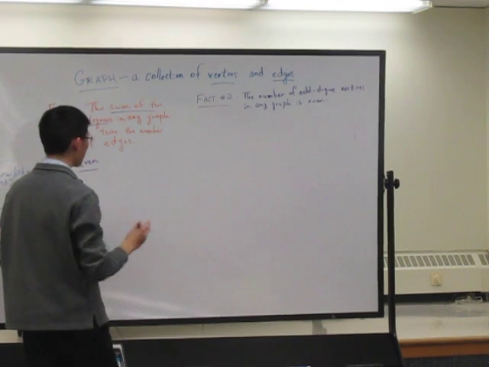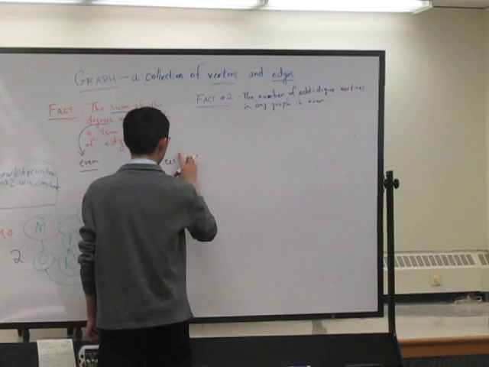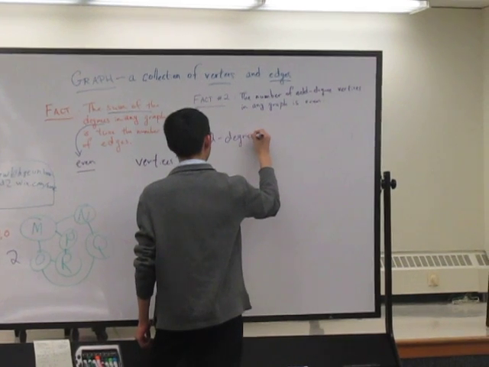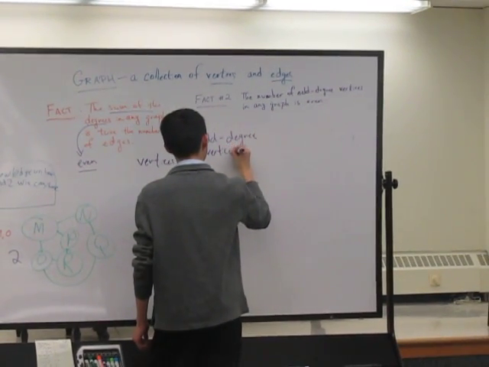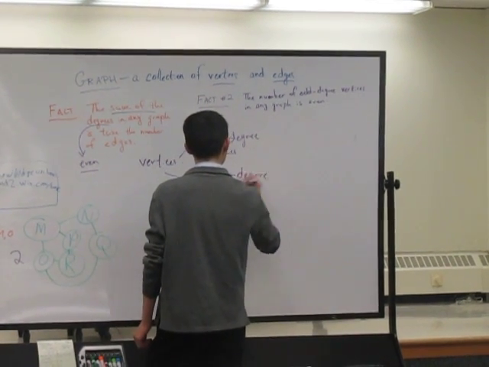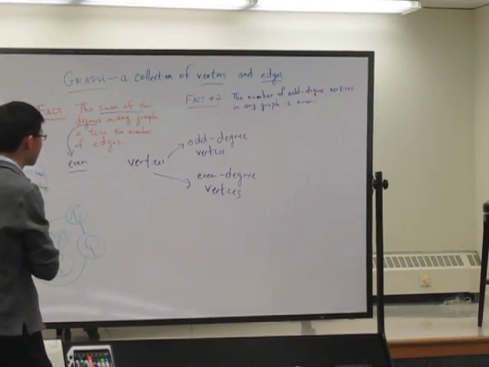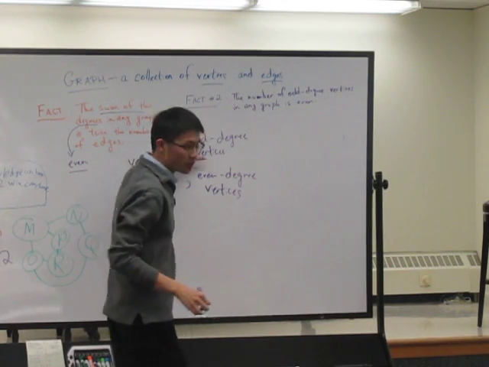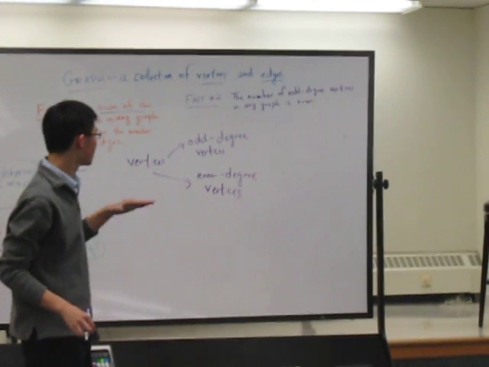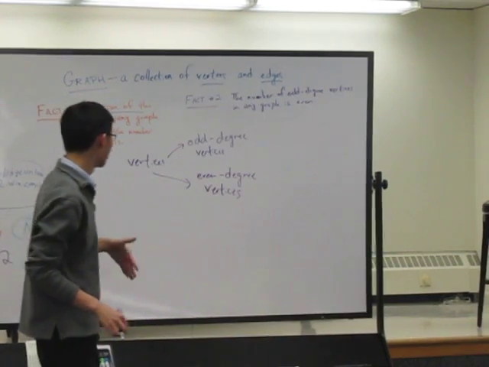Okay, if we look at our graph of vertices, we can divide our vertices into 2 groups. We have our odd degree vertices, and we also have even degree vertices, correct? Now let's say we take all the odd degree vertices and add up all of their degrees, then we get some number.